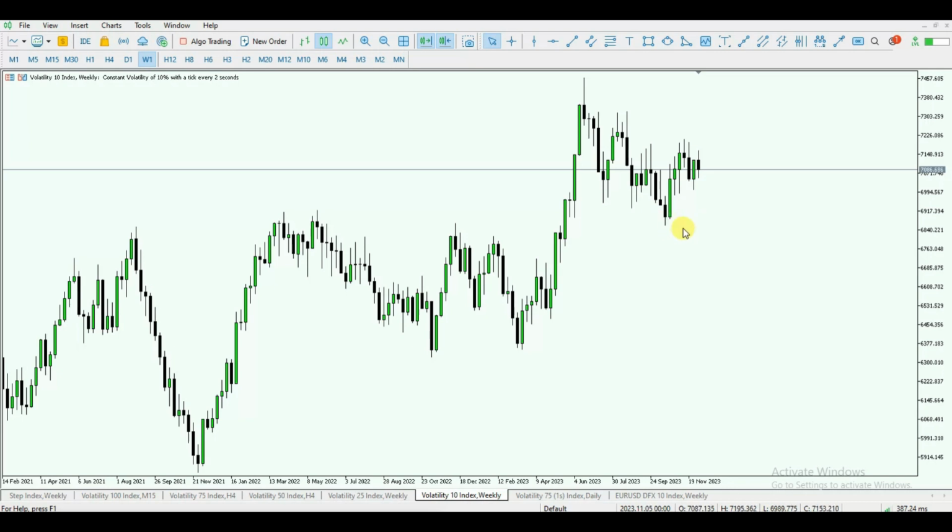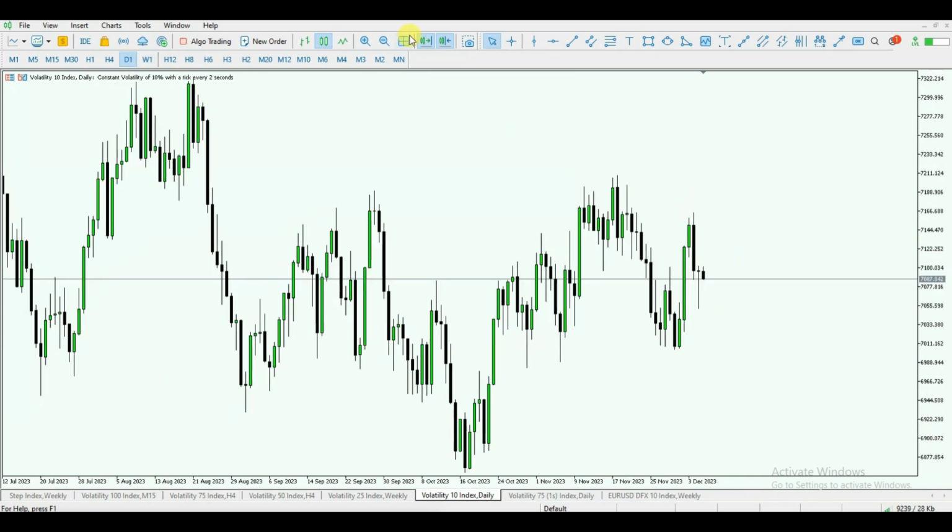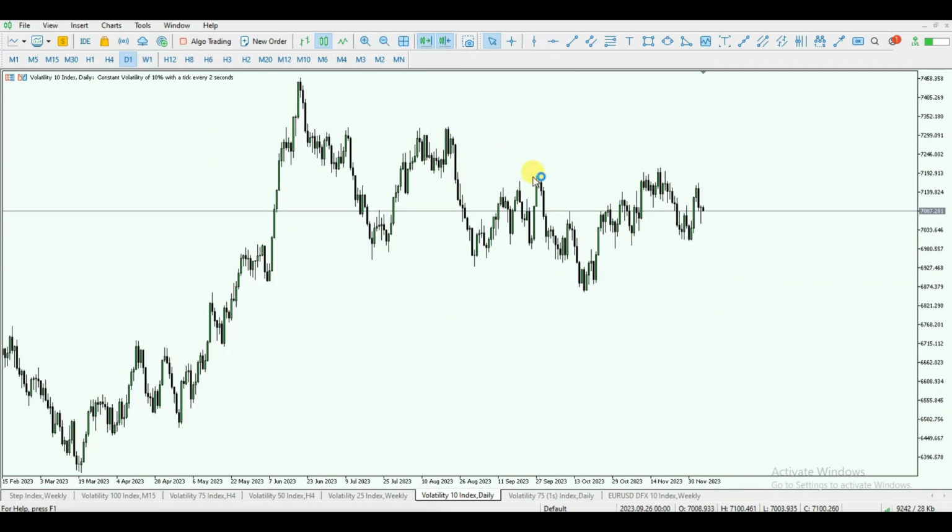So on the weekly, it's still clear that we are in a bullish market. Now, are we expecting price to come down in here? I don't think so. I'm not expecting it, but let's look at the daily time frame.